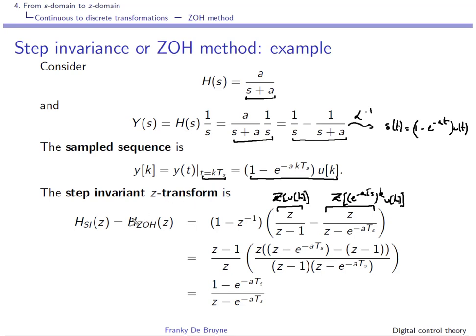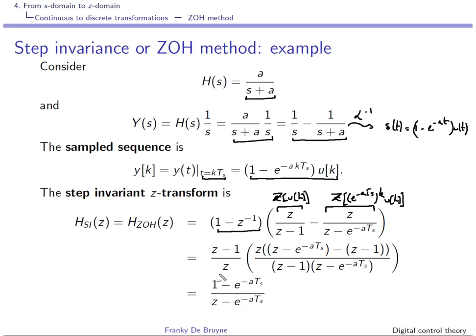And to obtain the step invariant or ZOH equivalent description, we have to multiply by 1 minus z to the minus 1, or z minus 1 over z.